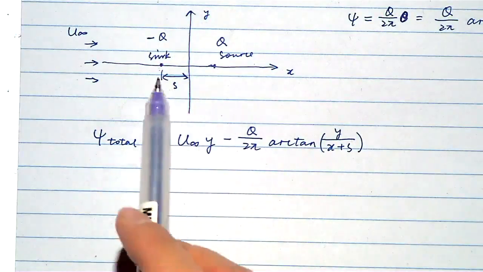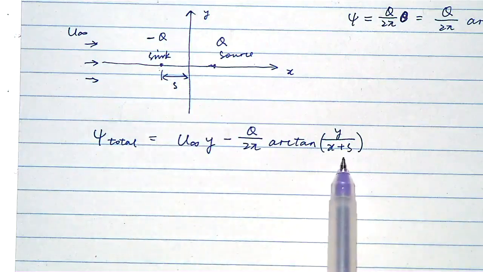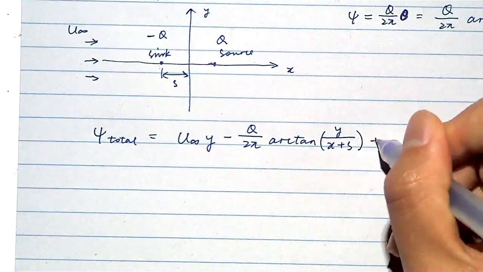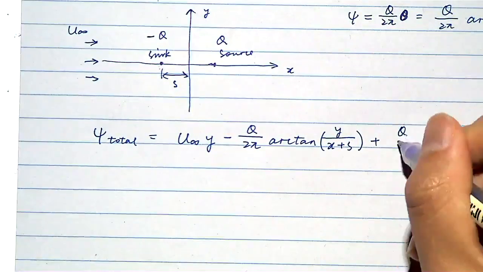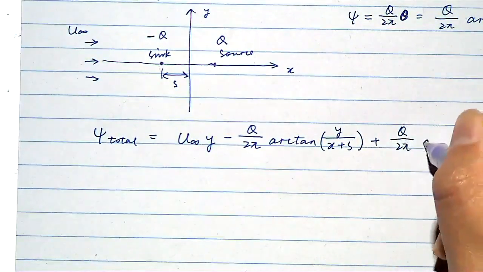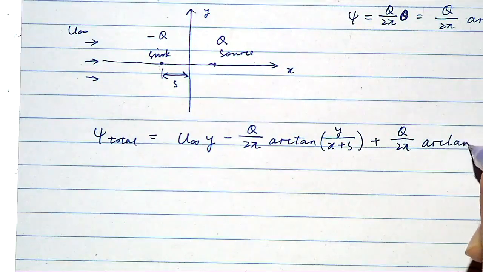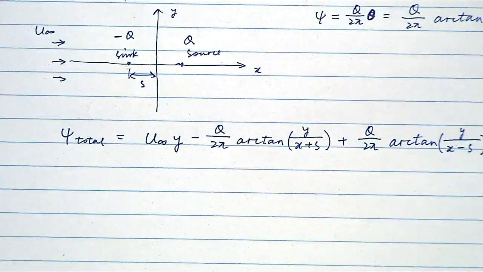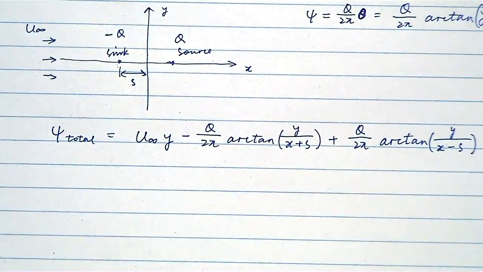So we have to reflect that in the expression as well. We can have another stream function for the source, arctangent y over x minus s. Right, so this is the total stream function.